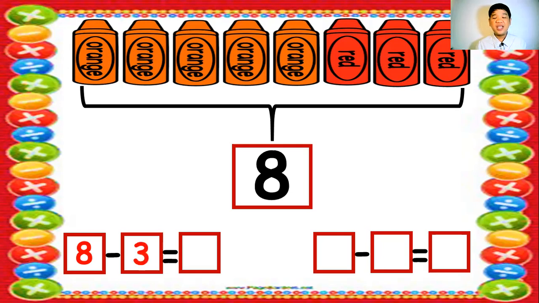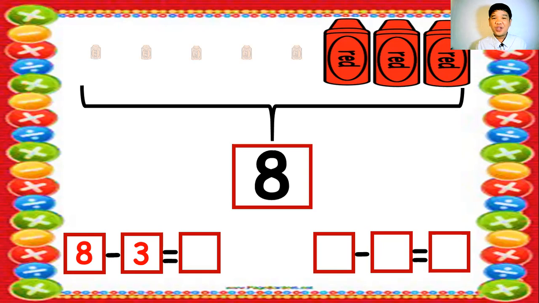Since we now have the equation 8 minus 3, for you to know the number of the orange crayons, we have to write it like this. 8 minus 3 equals, how many orange crayons do we have? Very good.